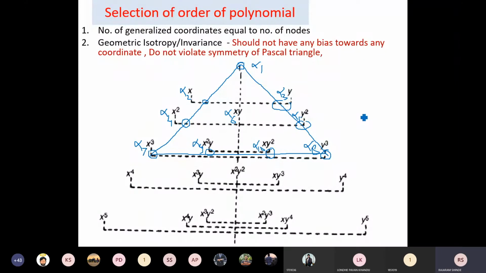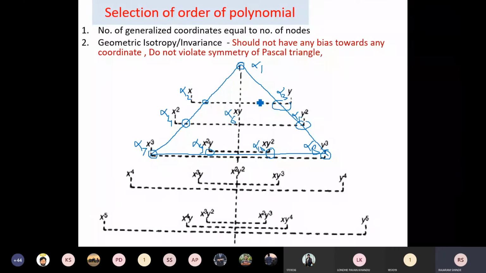Are you getting this? Now see here, it is alpha 1, alpha 2x, alpha 3y, alpha 4x square, alpha 5y square, alpha 6xy, alpha 7x cube, alpha 8y cube, alpha 9x square y, alpha 10 xy square.